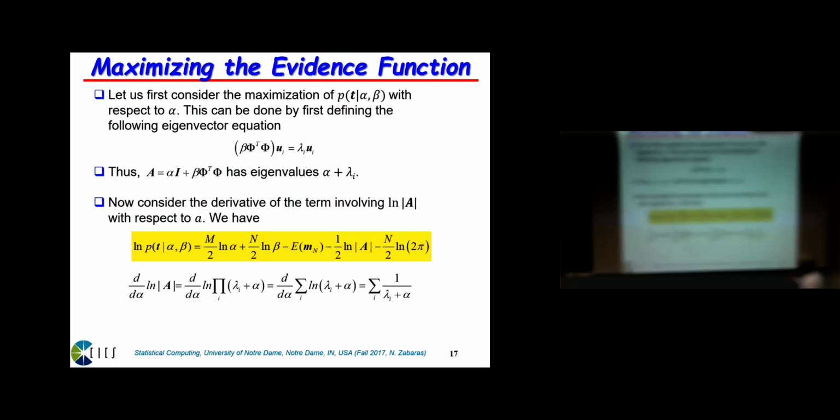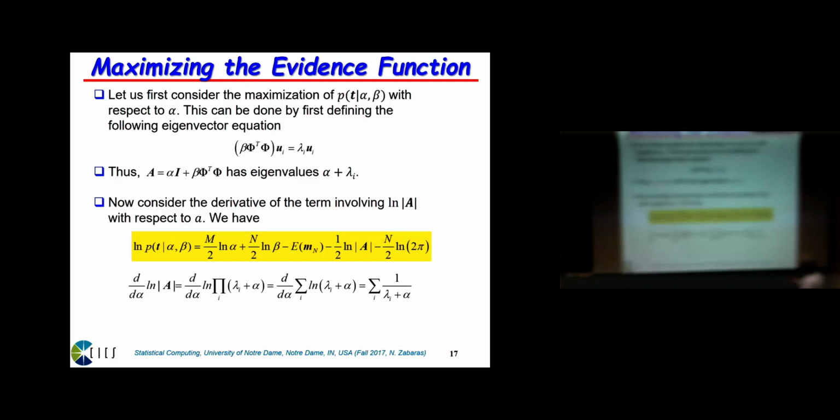To be able to do my calculations, I'm going to define the matrix beta times phi transpose phi. I'm going to define the eigenvectors u and eigenvalues lambda. So let's say you do the eigenvalue problem, and at least conceptually, we compute the eigenvalues lambda and the eigenvectors u.